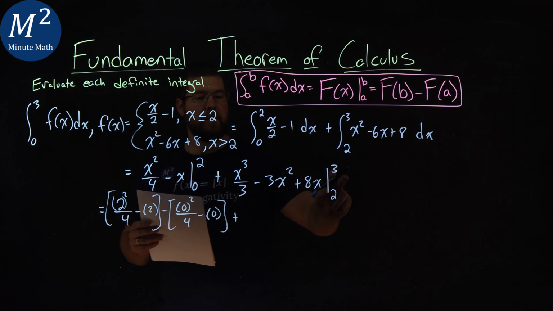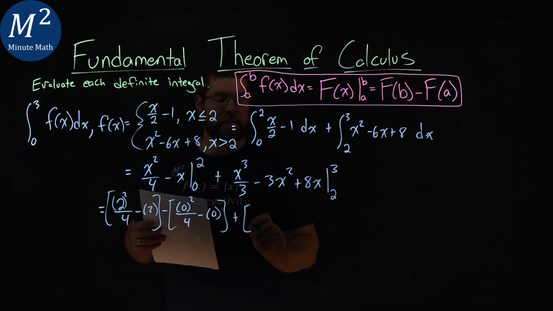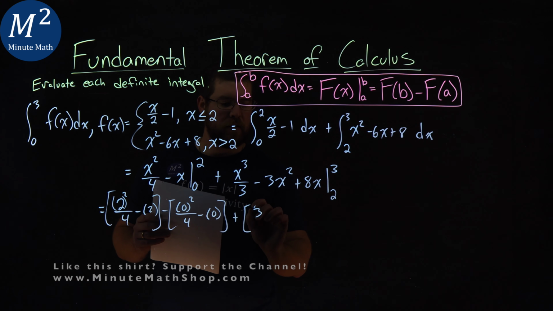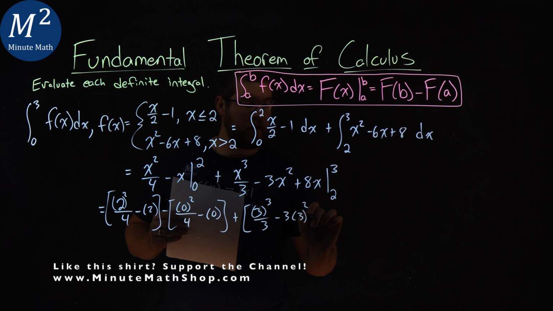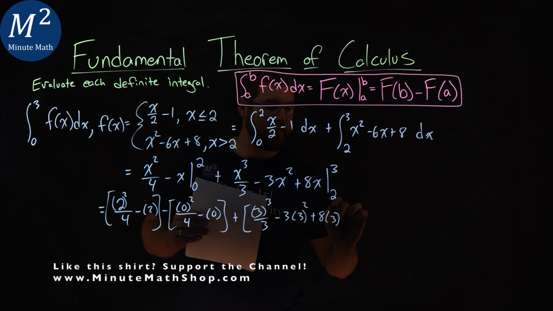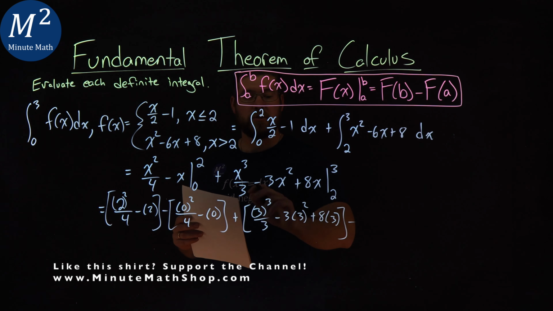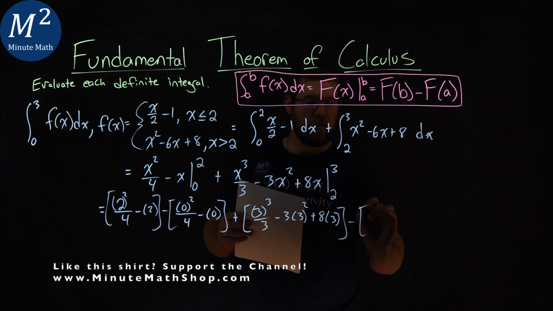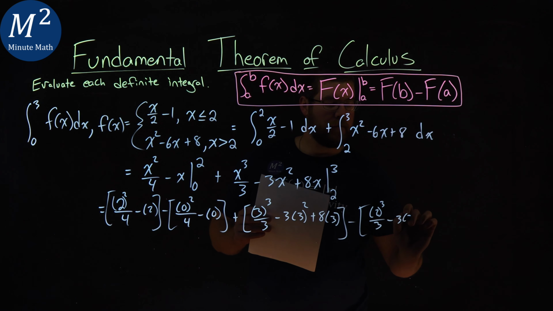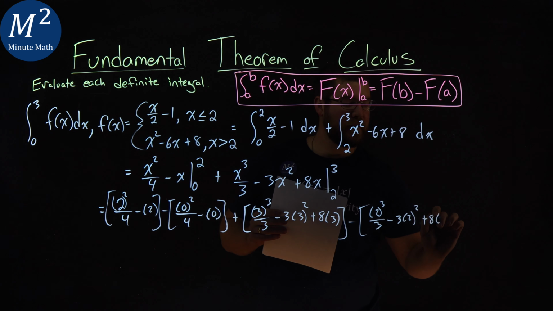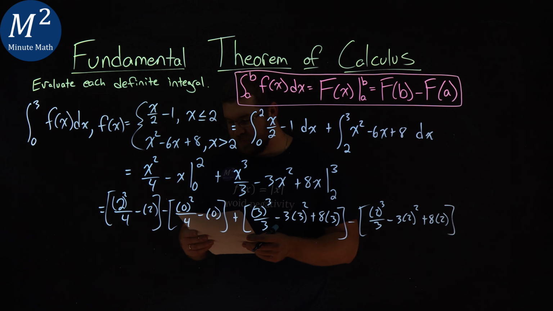Plus, now we do the same thing, putting 3 in for x: 3 to the third power over 3 minus 3 times 3 to the second power plus 8 times 3. Subtract that when we plug 2 in for x: 2 to the third power over 3 minus 3 times 2 squared plus 8 times 2. A lot of writing here.